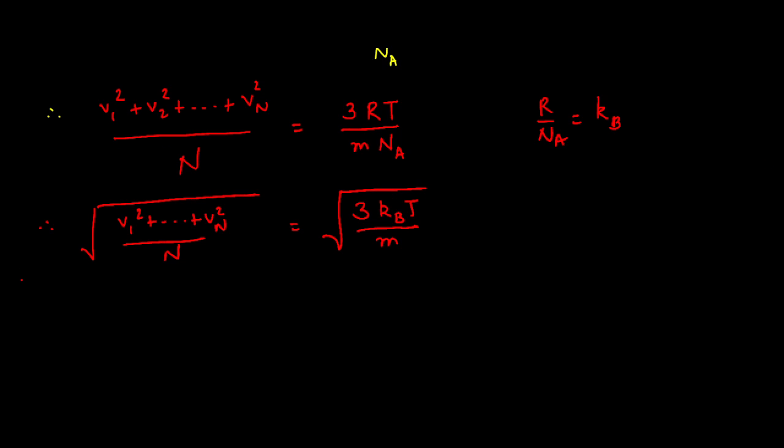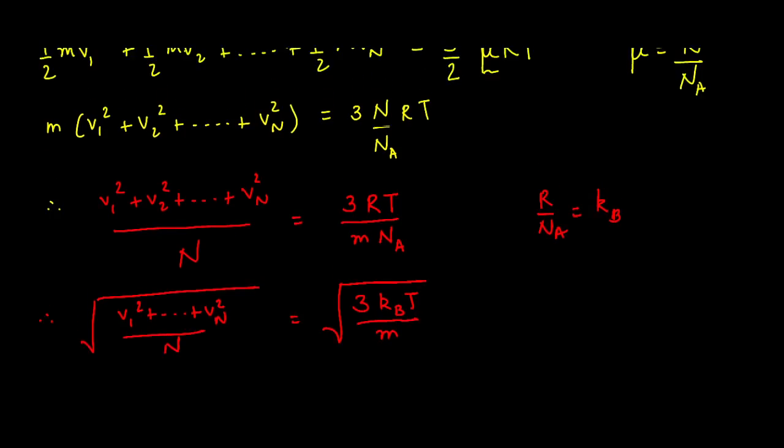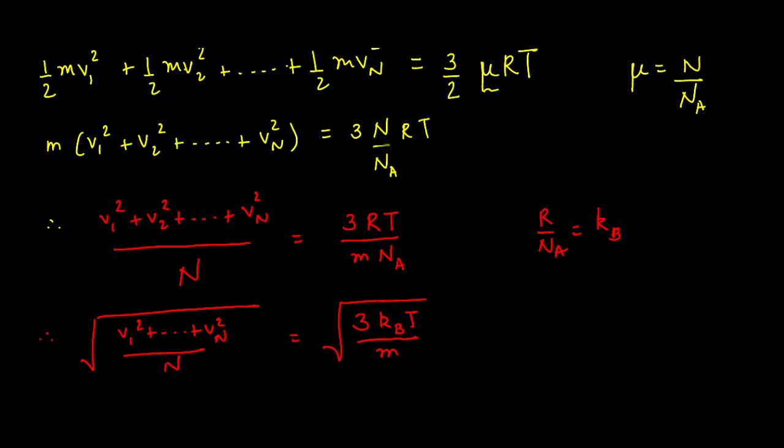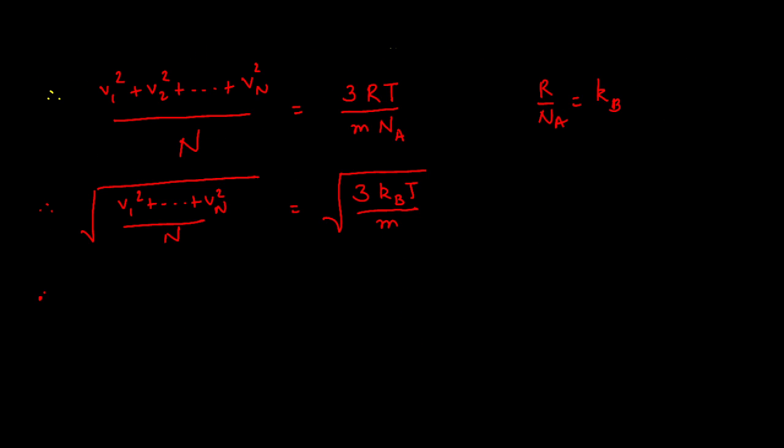So we have the left side equal to this. Now what is this left side? Have a look. It's nothing but Vrms. So we have found that Vrms of the gas is equal to under root 3 kBT divided by small m. That's a very important relation.